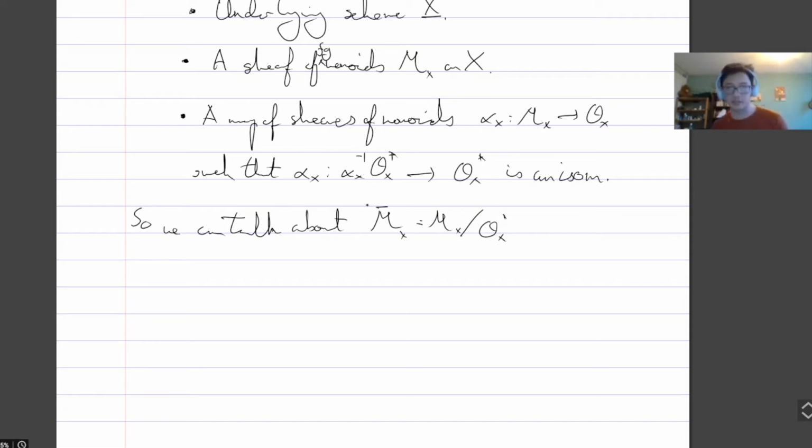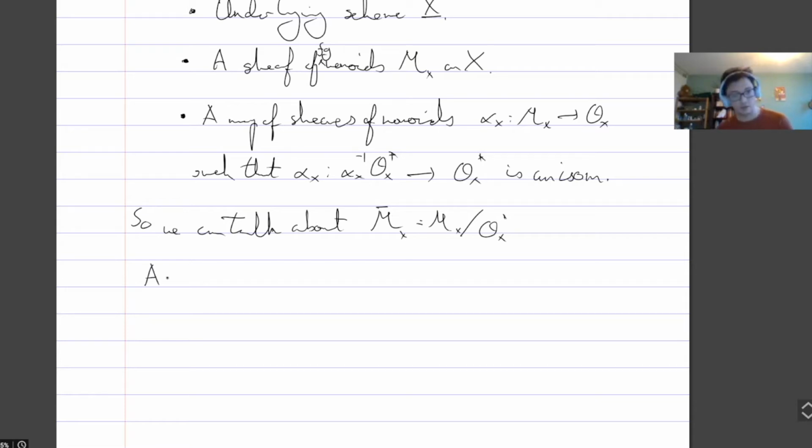Whenever I draw pictures, I'm actually going to draw the stalks of this sheaf, because the difference between m bar x and mx is some data about line bundles and so on, which is quite hard to keep track of. The m bar x is the thing that you can really understand.